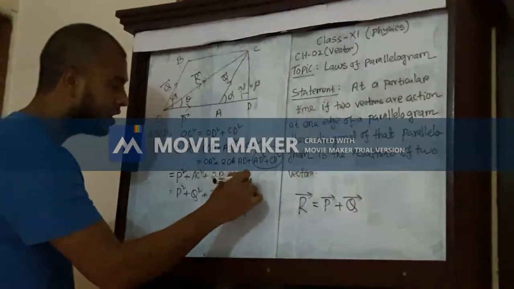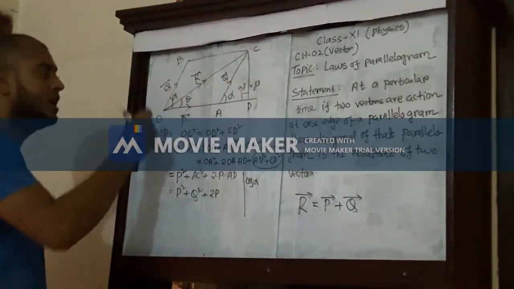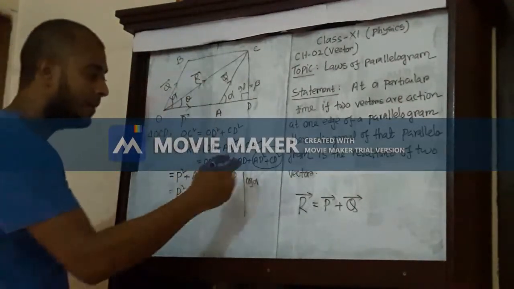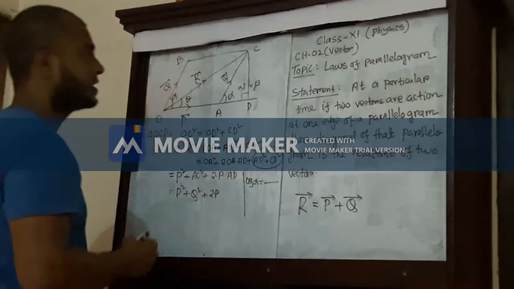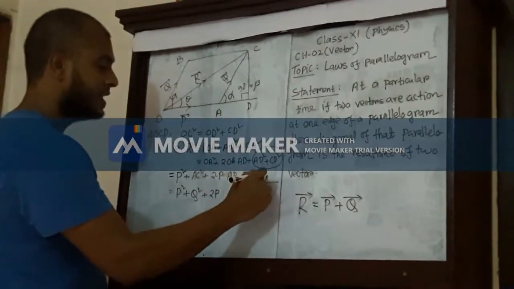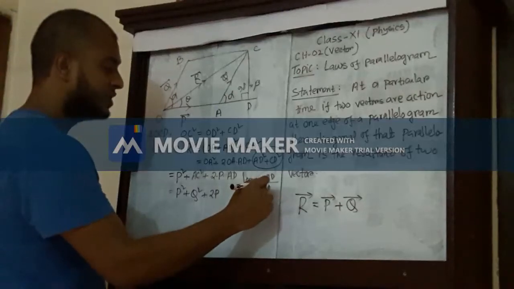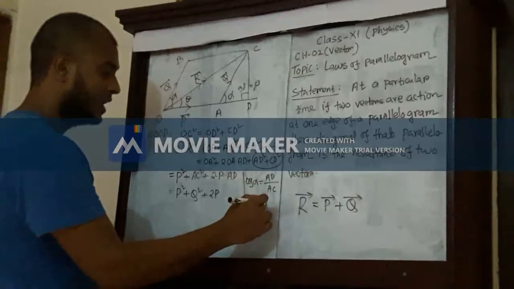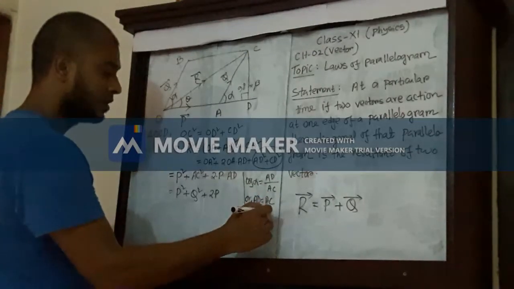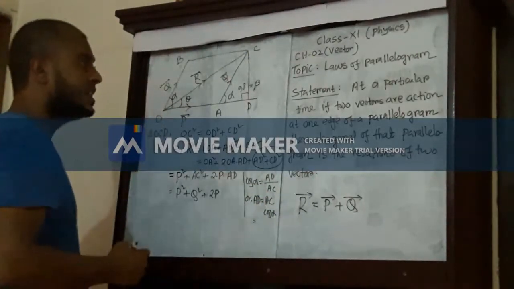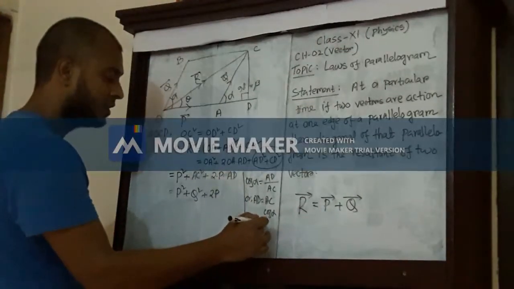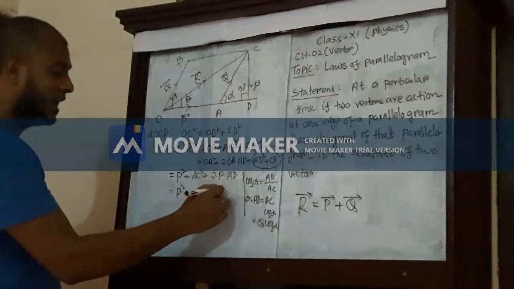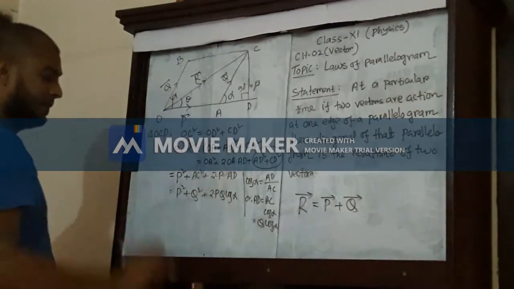If I apply cos alpha, it will equal base divided by hypotenuse. So base AD will equal AC cos alpha. AC equals Q, so AD equals Q cos alpha.